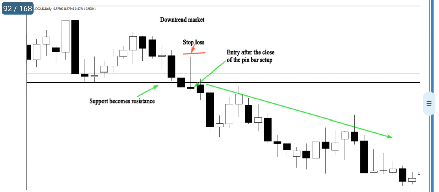So we are having our stop loss, and at that point where we are having a penny bar, you have to enter the market after the close of the penny bar setup. And at that point, the support level becomes the resistance level.